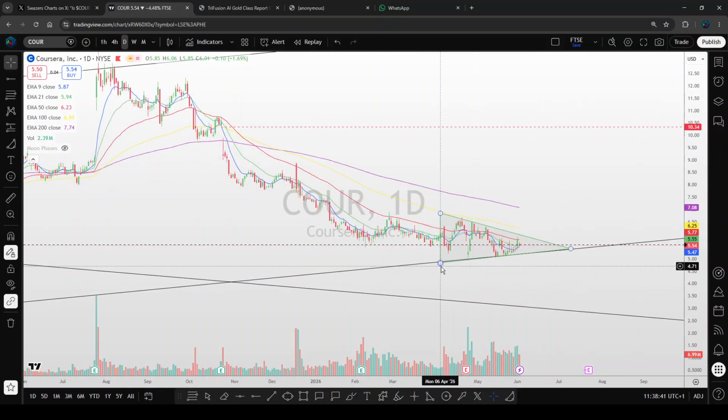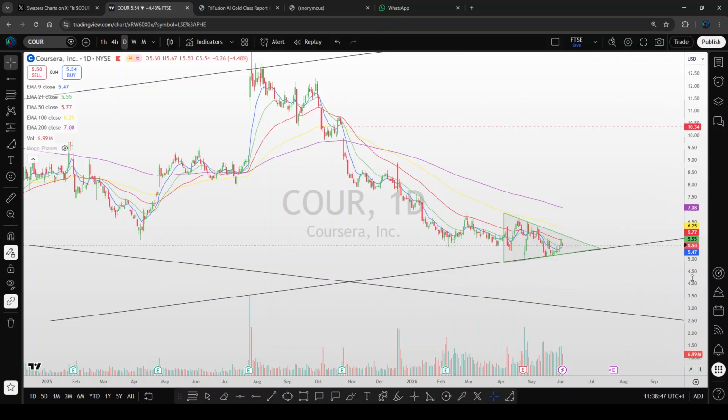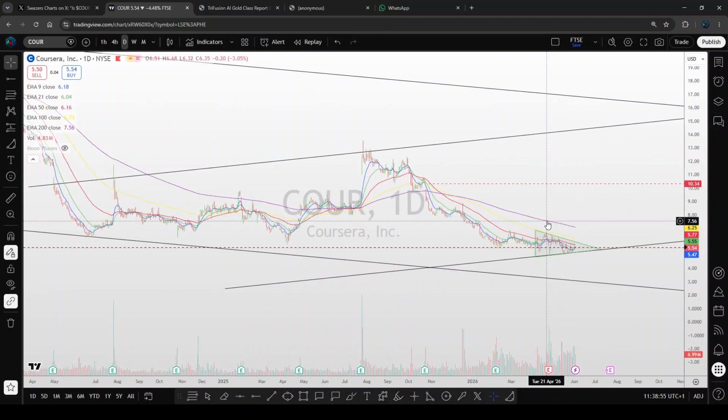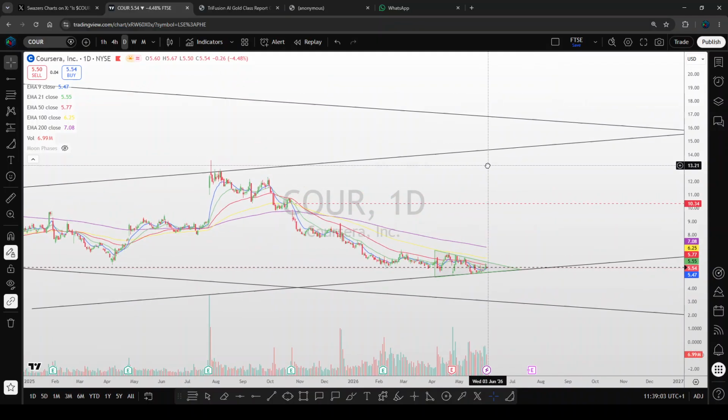We've also got, which is very interesting, my macro support idea of the macro bullish ascending channel. We've got a pennant triangle, which is short-term bullish continuation. So when we put the pieces together of this geometric puzzle, we seem to have bullish convergence, a macro ascending channel idea, and upper market structure.